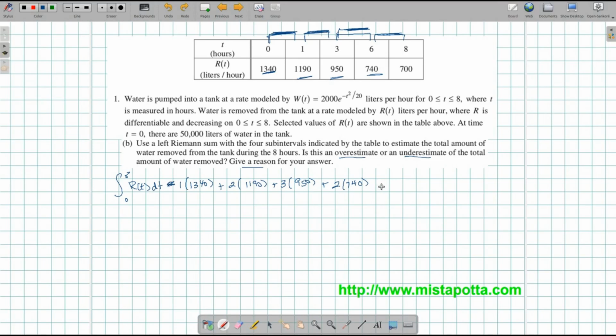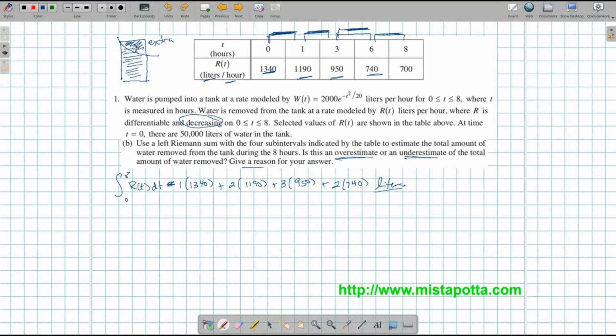And so this would be a good approximation of this. Keep in mind that I'm integrating a rate over time, so this is going to be liters. And again, because they gave us units, it's a good idea to make sure that we have units in our answer. And I need to make sure I answer the other part of the question: is this an overestimate or an underestimate? Notice that we know that our function is decreasing. So if I'm using a decreasing function and a left Riemann sum, because I'm using the left endpoint, my left Riemann sum will have all of this, which is extra, not part of the area under the curve.